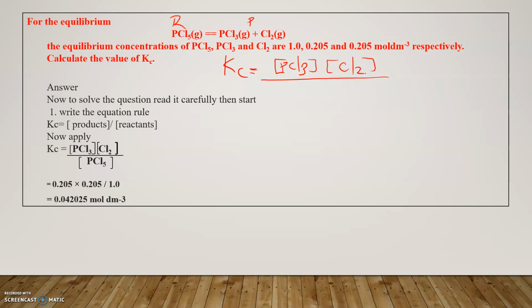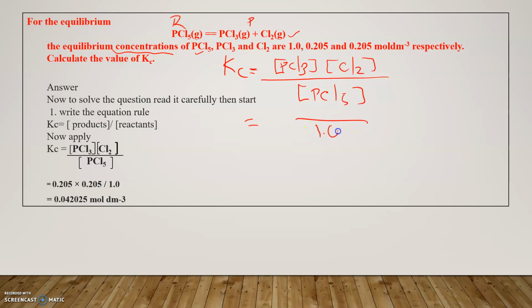First, let's check if this is balanced. One phosphorus, and 5 chlorine, 2 plus 3, 5. Okay, it's balanced. So here is the reactant, PCl5. Now let's directly apply, because he's giving us the concentrations. So all you have to do is just apply. 1.0 belongs to PCl5.